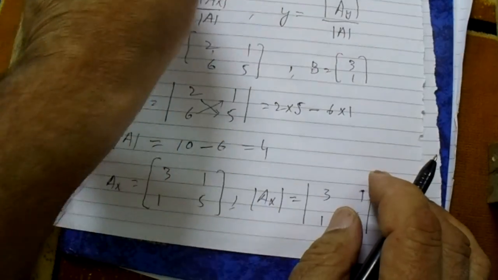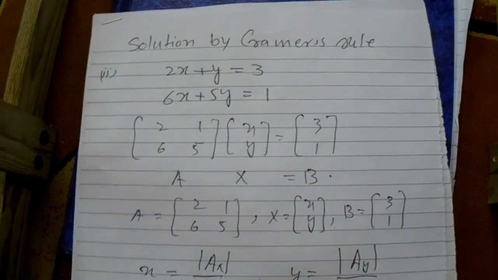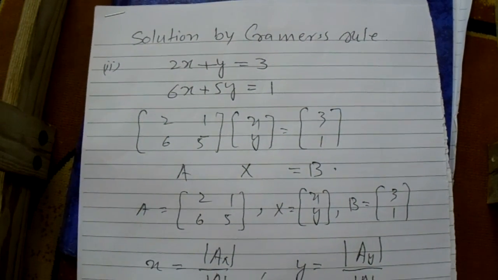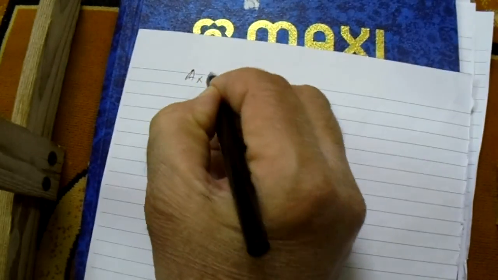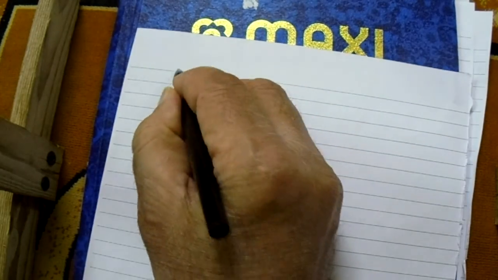Now we find the value of det Ax. Det Ax is equal to 3 1 1 5.